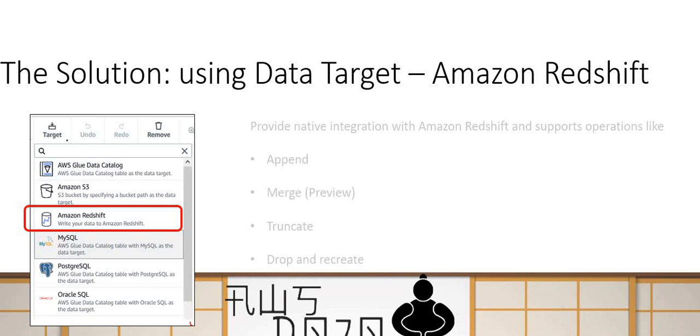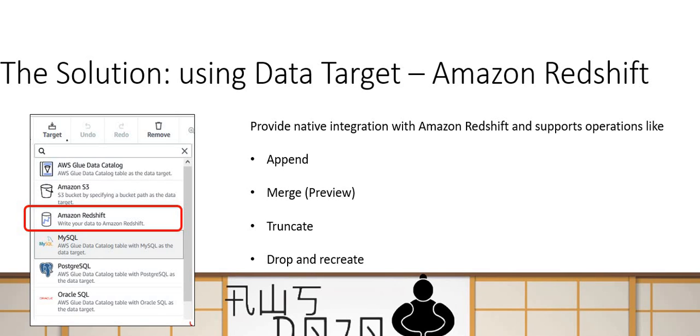And it provides very native integration with a Redshift database table, and it supports operations like append, where you can always append the record as a new record in the table. You can perform a merge, which we are going to discuss today, and merge is still under preview.